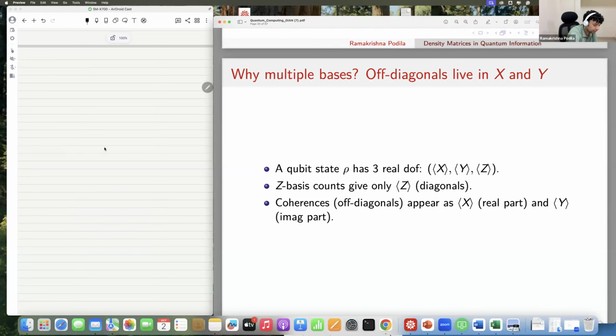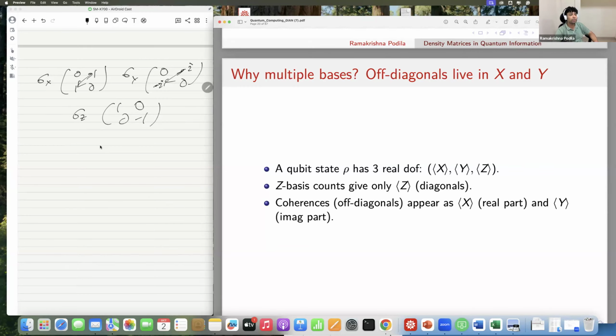if I look at sigma X, that looks like 0, 1, 1, 0. So you see the off diagonal elements are in the X basis or Y basis. If I look at sigma Y, that gives me 0, minus i, i, 0, off diagonal again, and sigma Z would be diagonal, 1, 0, 0, minus 1. So we want to measure in all the different bases because we want to get the off diagonal elements as well.